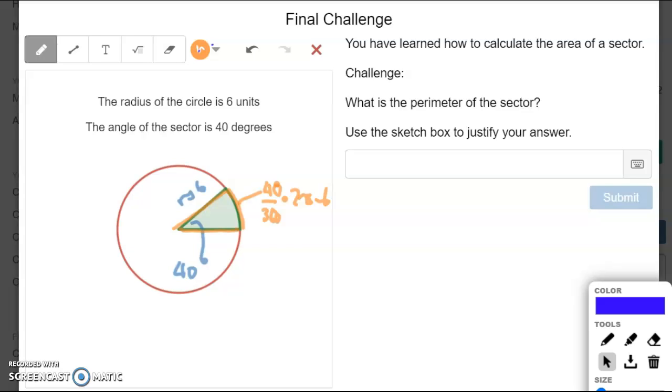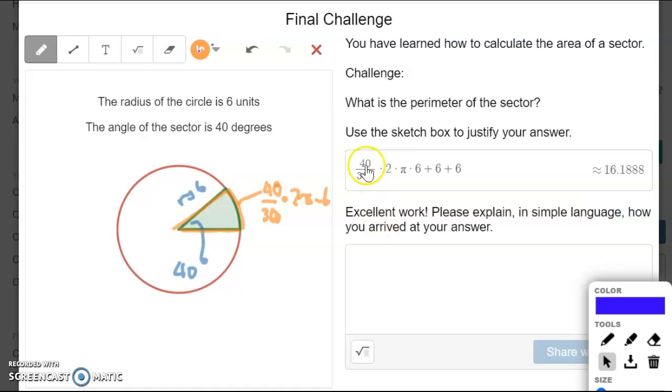Perimeter just means outside length. So I have 40 divided by 360, because we have 40 degrees out of a possible 360 degrees, the whole revolution, times 2 times pi times 6. That gives me this length. But to that, we also need to add this length and this length. So that's 6 plus 6 right there. And that gives me the right answer.